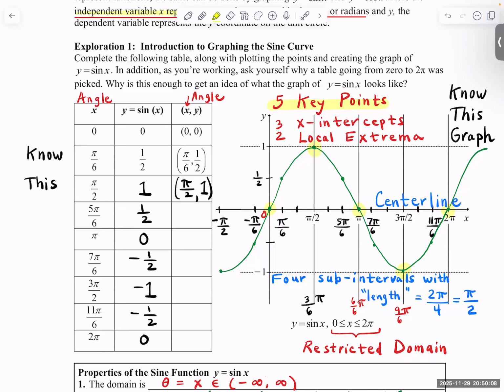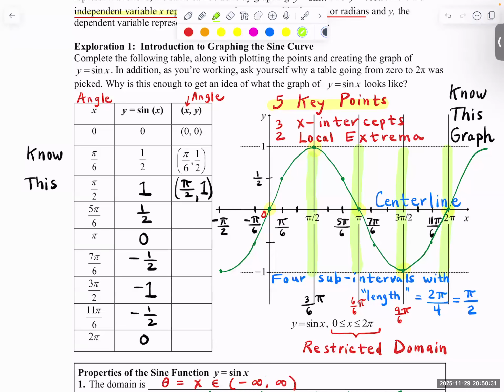The interval from 0 to 2 pi is divided into 4 subintervals. I'll highlight them in green here. So there's 0 to pi over 2, pi over 2 to pi, pi to 3 pi over 2, and then 3 pi over 2 to 2 pi.